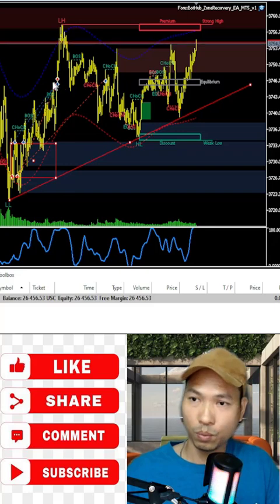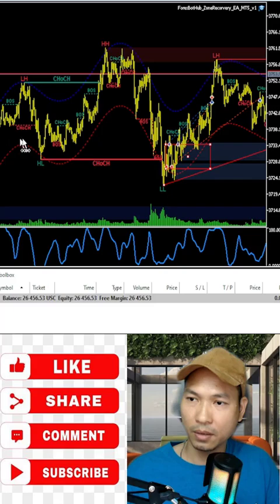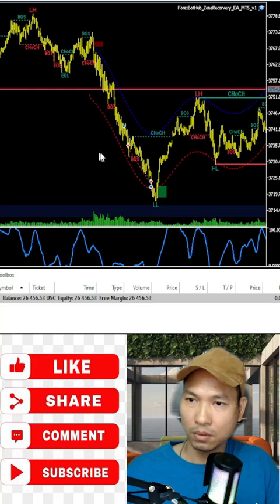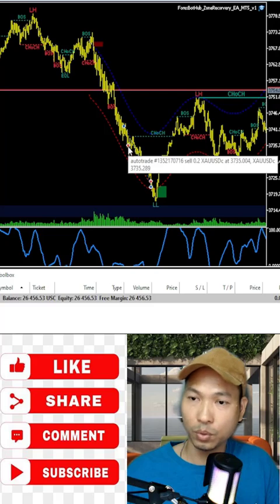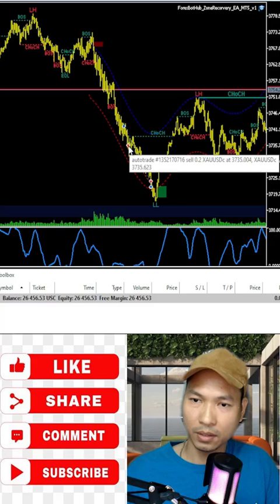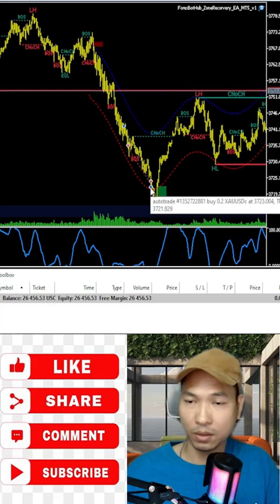We finished when the price touched the profit target over here, 1200 pips. And the previous day you can see as well, this trade finished with 2 trades. The first trade is the buy one, and the second trade is the sell one. And when price touches the profit target right here, we finish the trade cycle.